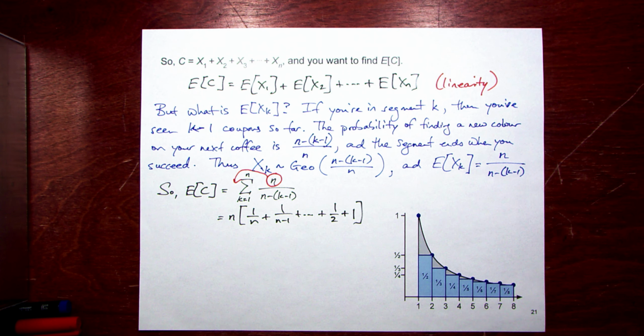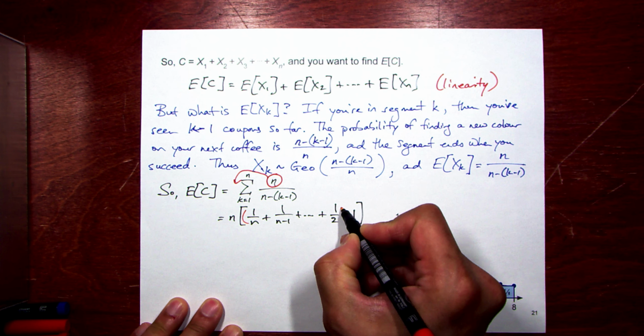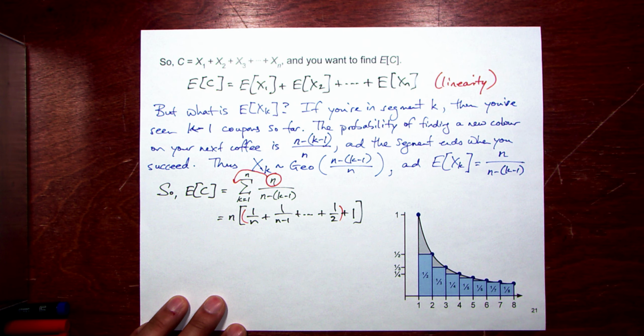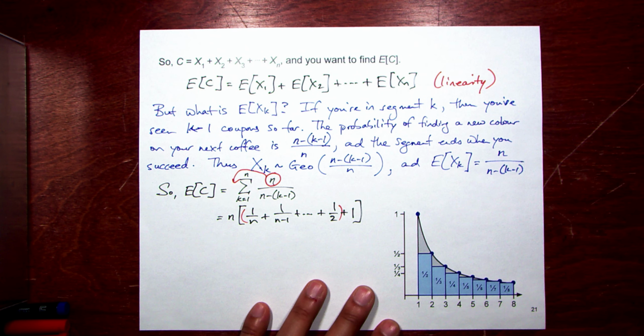And again, we have this harmonic number thing going on. Some of you asked me why the harmonic number follows the natural log. I'm going to show you this over here right now. If you look at just what's going on with this bit here, a half plus a third plus a quarter plus so on, this is what the graph looks like. It's not quite to scale because it's hard to see.